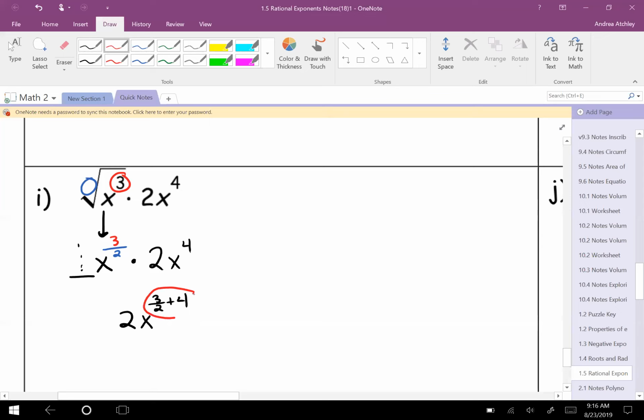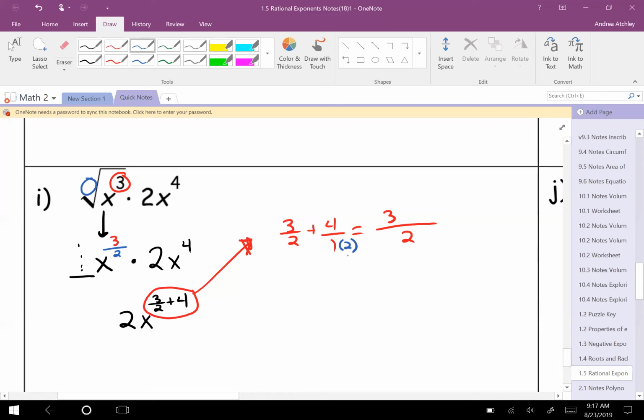I'm going to take this over here and do that math. So 3 over 2 plus 4 over 1. What's our common denominator? 2. Since 3 over 2 already has 2 as the denominator, it doesn't need anything done to it. So the 3 is just going to move to the top. The 4 and the 1, I need the denominator to be 2. So I need to multiply the denominator by 2.